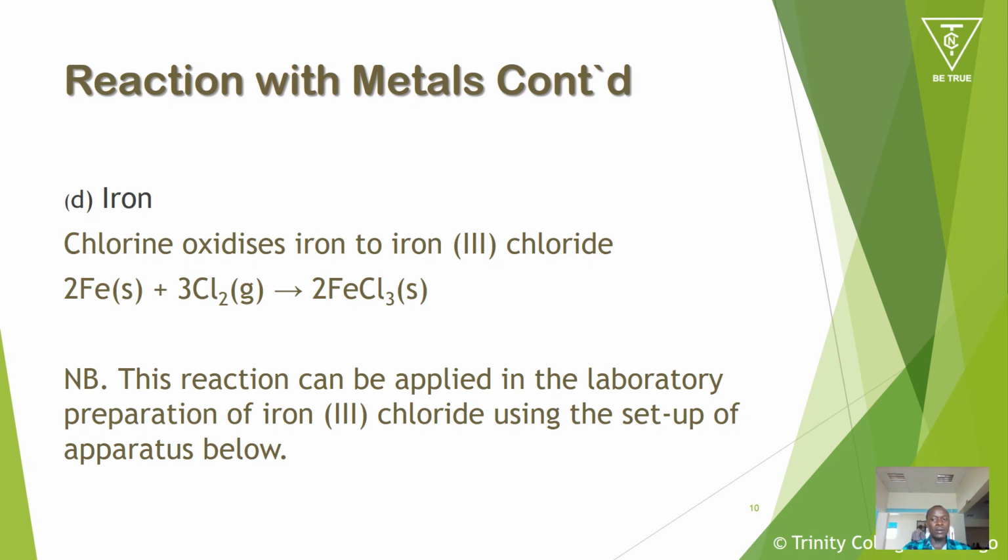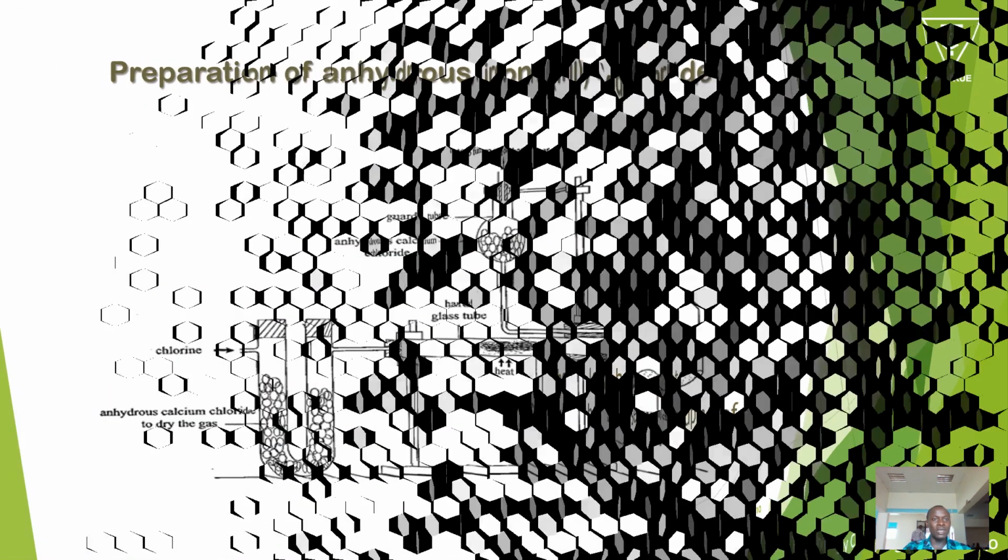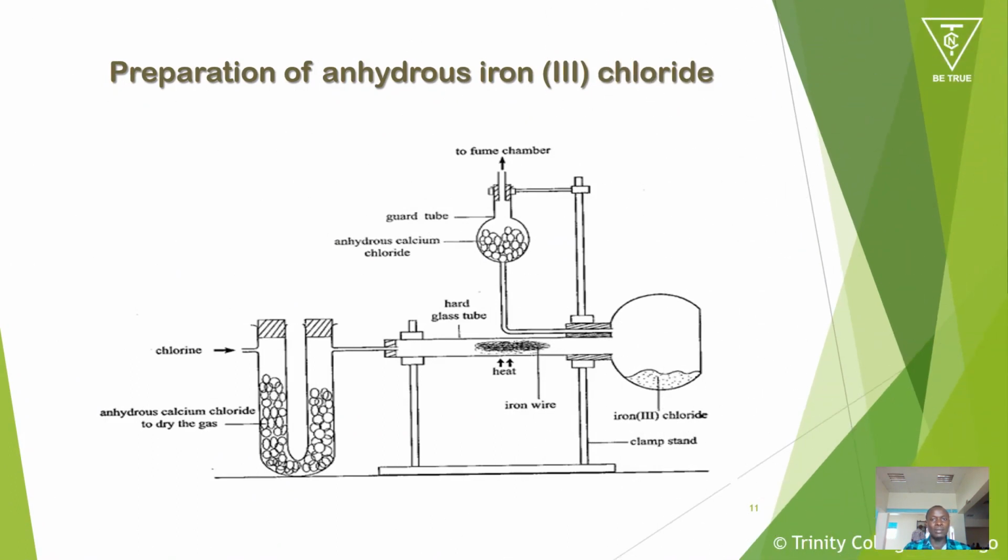So when we directly combine chlorine and iron, we can get iron 3 chloride, and we can use this apparatus. We get chlorine, we pass it through anhydrous calcium chloride to dry it, and after it dries, we pass it over heated iron filings. You can see the iron wire on the diagram. When we heat it, it will react with chlorine to form brown fumes of iron 3 chloride.